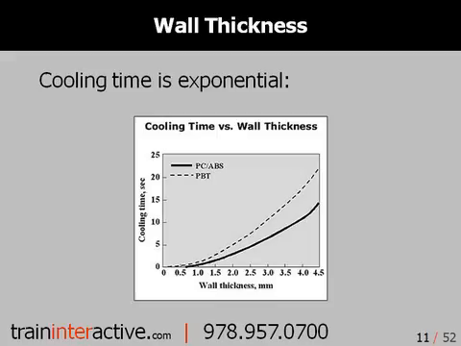With the PBT material, you can see that the conditions provide a theoretical cooling time of 5 seconds for a 2 millimeter thickness. When the thickness of the part is doubled to 4 millimeters, the theoretical cooling time is actually quadrupled to 20 seconds.